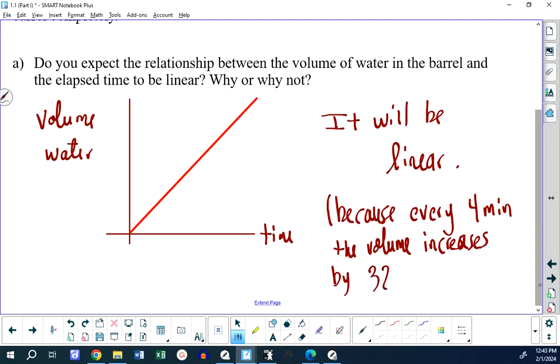And what I mean by that is it increases by 32 liters every 4 minutes, no matter when it is. The first 4 minutes, the second 4 minutes, from the 5-minute mark to the 9-minute mark, doesn't matter. It's going to increase by 32 liters.